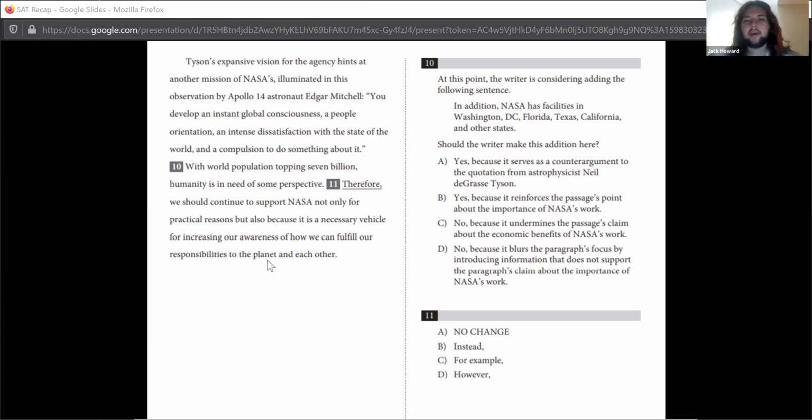This idea that it has these facilities does nothing to progress the point of it creating a people orientation, an intense dissatisfaction with the state of the world, and a compulsion to do something about it. So I would highlight that as why.